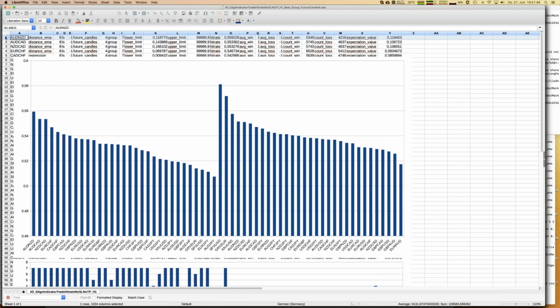If I want to trade that on a time horizon of 4 hours, then the best indicator I should use is distance EMA with a period of 8. And if I want to go for short trades, of course, it should be in group 7. And the limits for that group are even listed here as well.